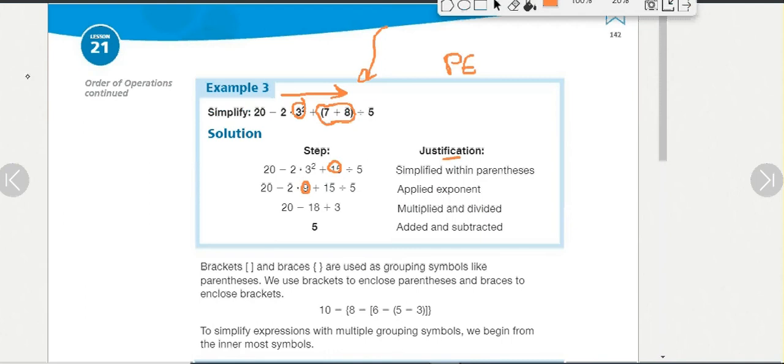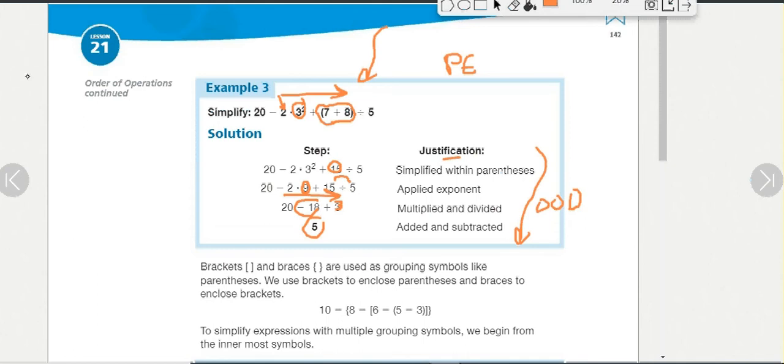Looks like there's multiply here with a -2. So -2 times 9 is 18. And you've got your 15 divided by 5 is 3. Then we add, subtract left to right, and 5 is your answer, but you could get something else if you didn't follow this order of operations.